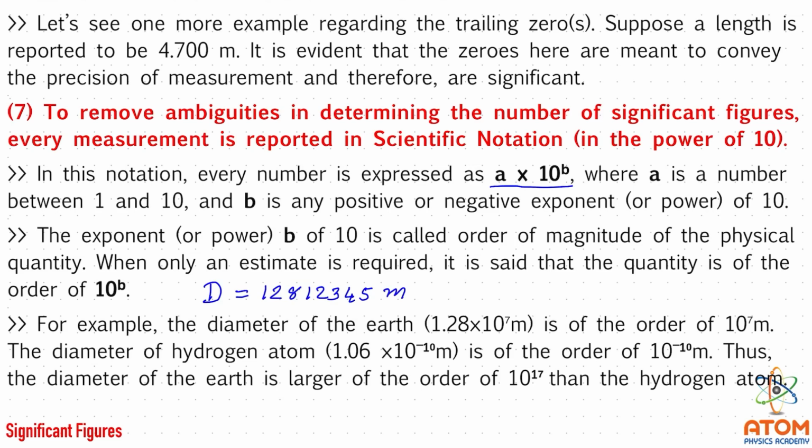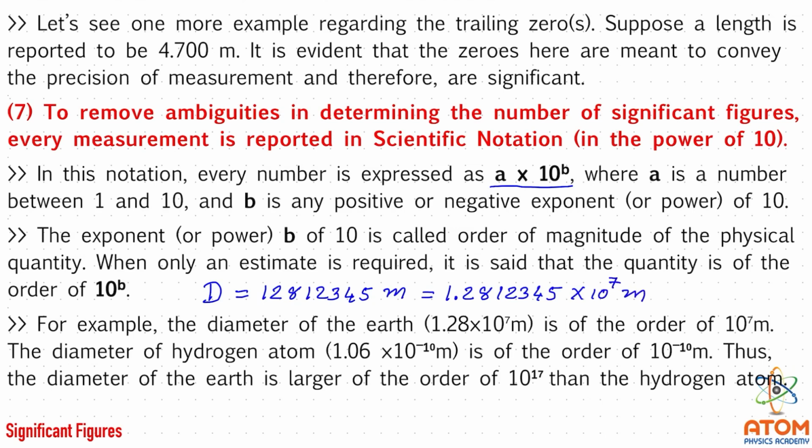It should be between 1 and 10. And the rest should be written in the form of 10 raised to the power b. So I should write this in the form of 1.281234.5 into 10 raised to 7 meter.